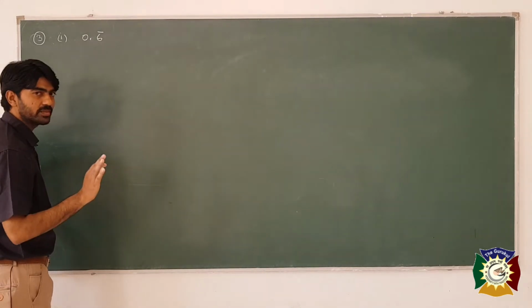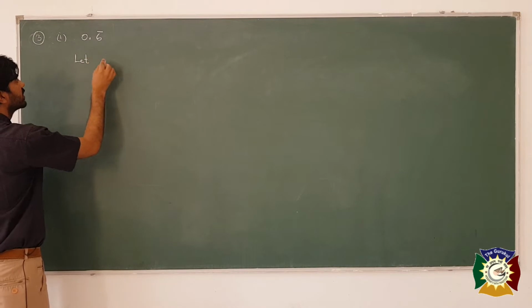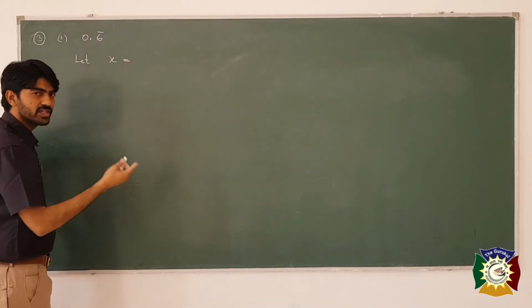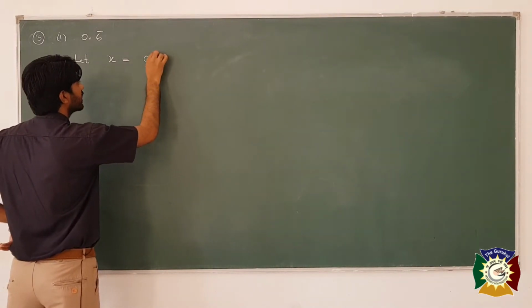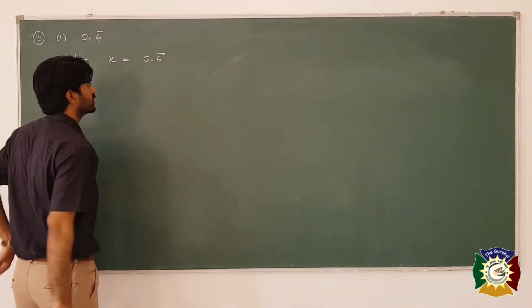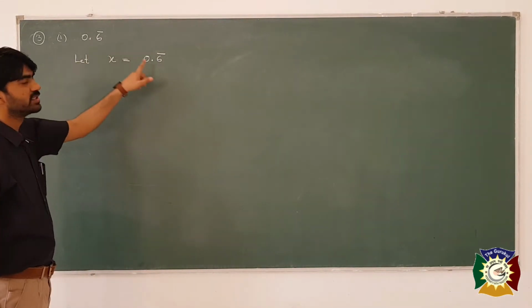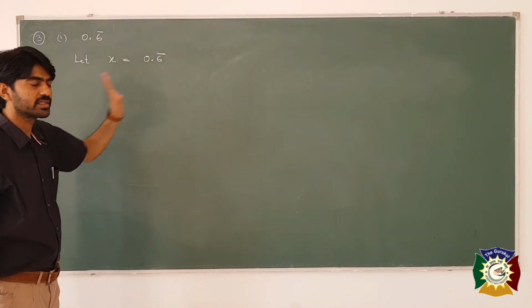Okay, look at the pattern. Let x be equal to whatever number is given. Assume this number to be x. x is equal to 0.6 with a bar on 6. First step, assume whatever number is given to be x.